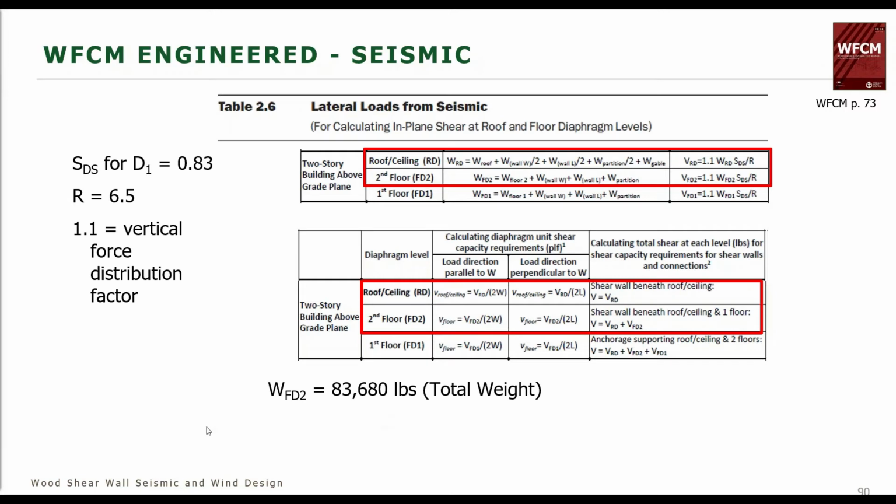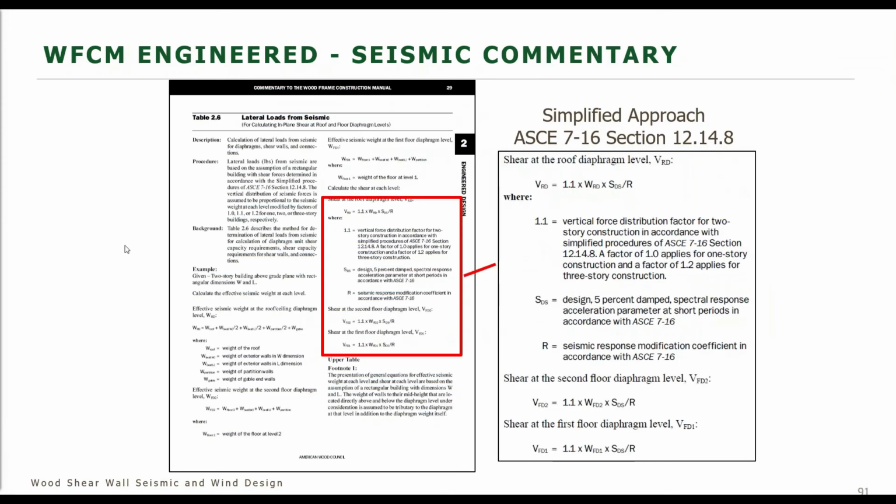That's the weight of the building. And then we get our seismic force, which comes from this equation. And that becomes 8,228. Now, I'll explain this in the next slide because it shows graphically what I'm talking about when we do our seismic design.